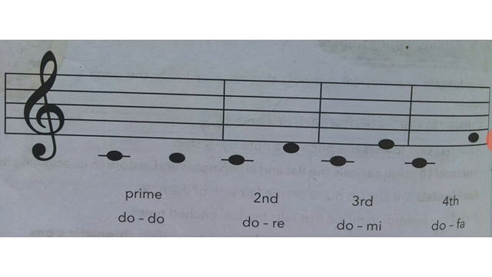Next is the third interval, so do mi. So from do to mi, do, re, mi, three interval. Next is fourth, do fa. So do fa, do, re, mi, fa, fourth.